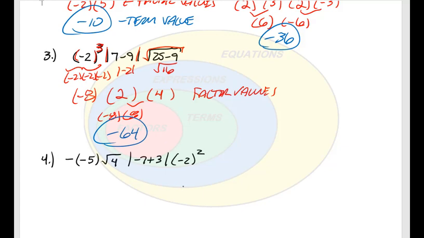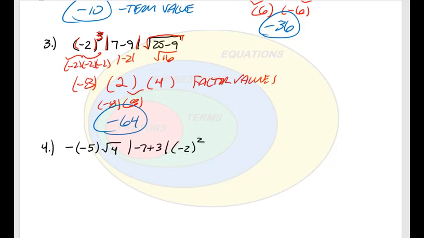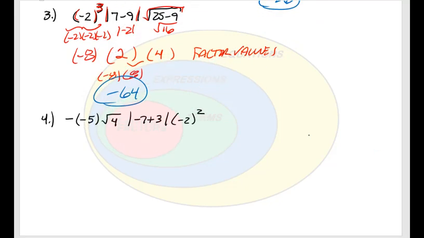And then finally, the last one. Again, we're just going to try and keep track of the factors. How many factors do we have? How many values do we need to basically multiply to get the term? So again, this is one term. And what are the factors? Identifying the factors. So it starts out with the opposite of with parentheses. So let's get that factor value right now. That's going to be a factor of 5.